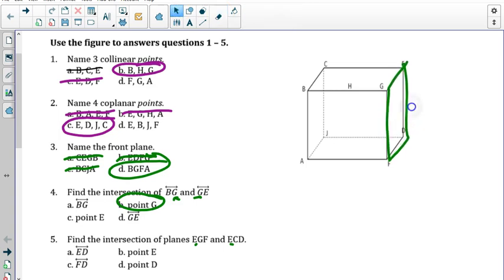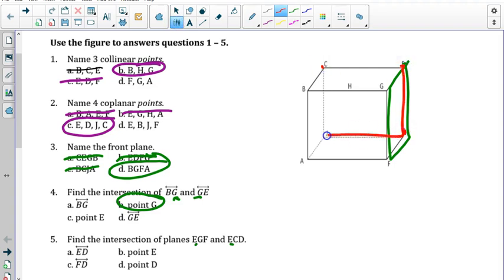There's D, there's E. So where's ECD? ECD, that's on the back of the box. So where is the overlap? Right here at line ED.